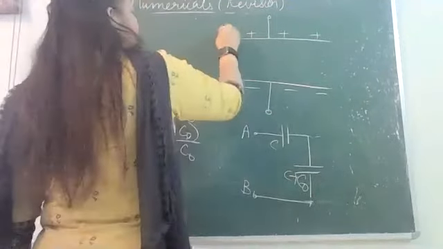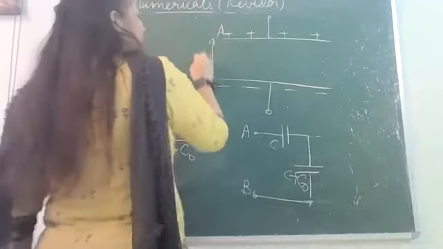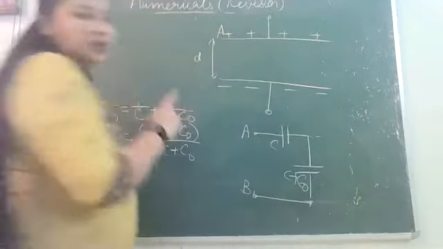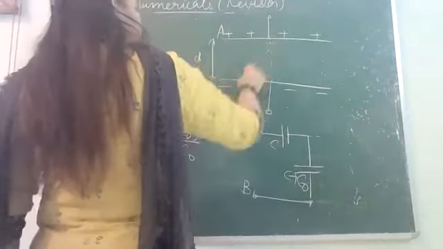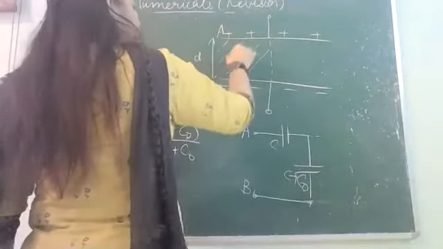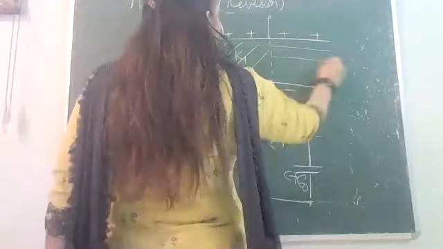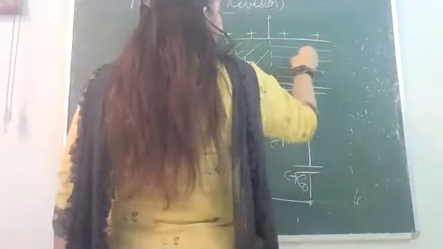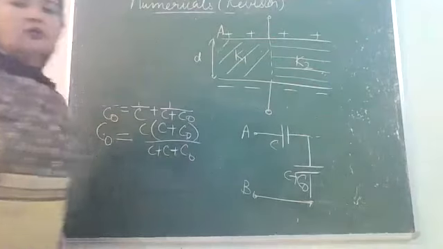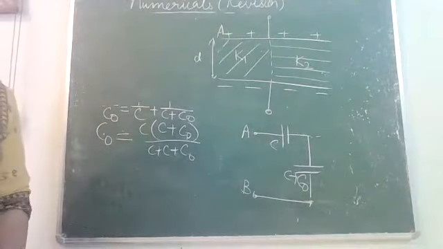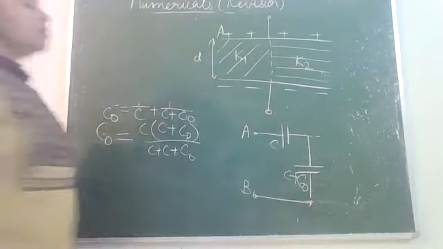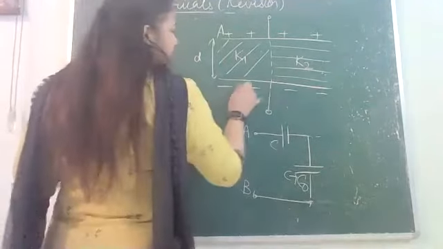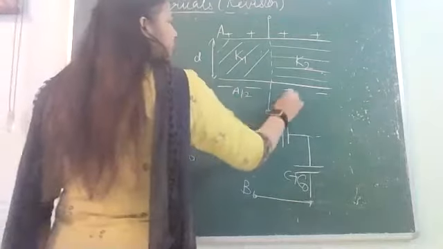Area of each plate is A and distance between the plates is D. Now this capacitor is filled with 2 dielectrics like this, of dielectric constants K1 and K2. We are to find the equivalent capacitance of the network. So half जो है इसमें dielectric fill कर दिया है. So this area gets divided. Area will become A by 2.